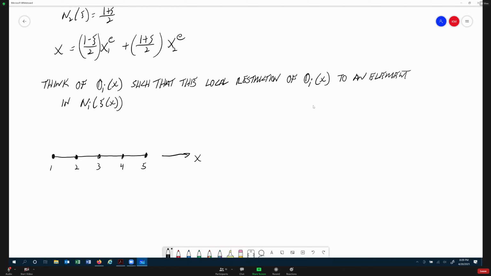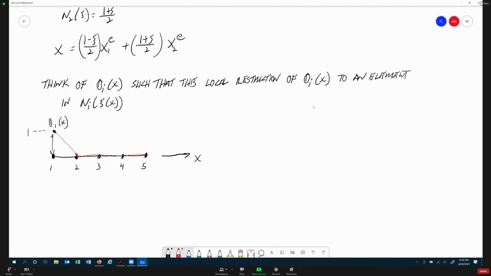So let's say we have phi1 of X, starts off here, and we're saying at 1, it's equal to 1. So this is a vertical height of 1. So the value is 1 here, and then at 2, it's going to be 0, and it stays 0 everywhere else.